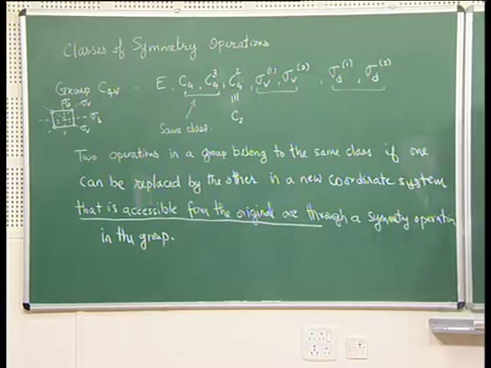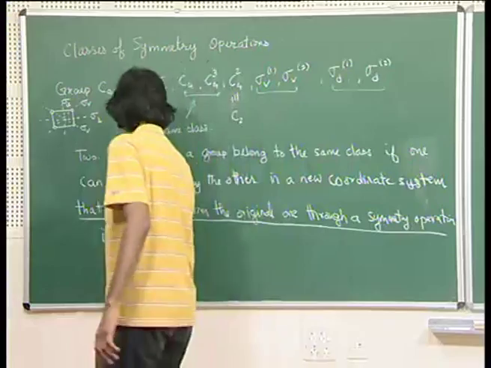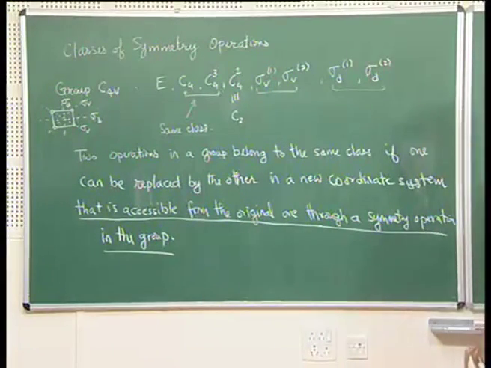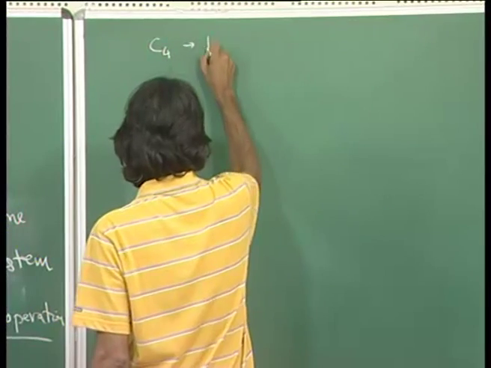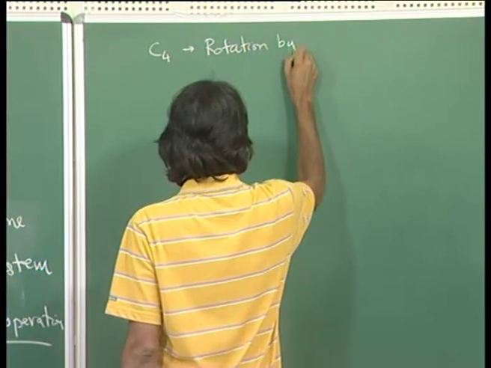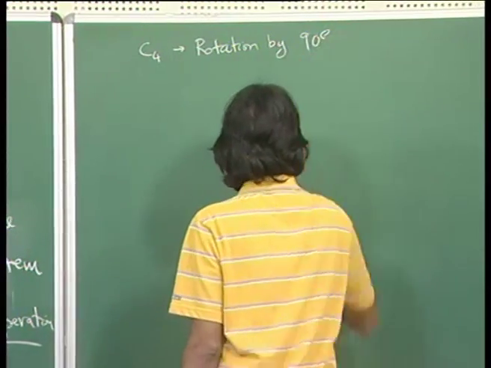But then these two coordinate systems should be accessible through a transformation that is actually a symmetry operation in the group. Okay, and we will look at this example. So let us look at it: C4 is the same as rotation by 90 degrees.